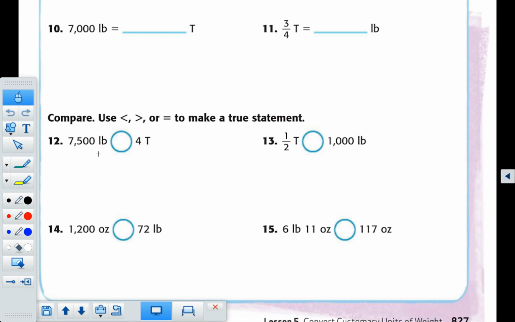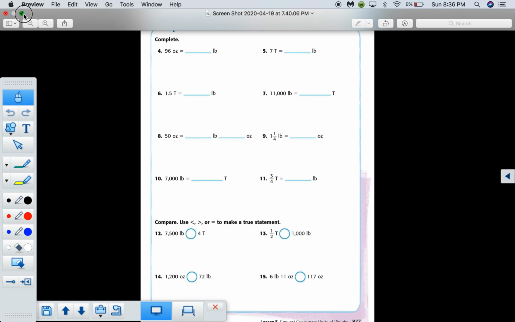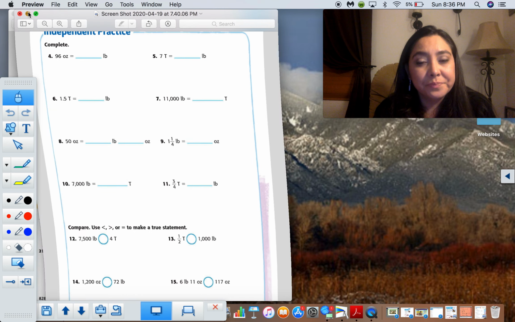Well, pounds is smaller than tons, so when we're going from a smaller unit to a larger unit, we're going to divide. Here you're going to have to divide 7,500 by 2,000. That will give you your tons, and then you're going to compare tons to tons. And then I think you get the idea, and you can figure out 13 and 14. This is a little difficult, and I know I'm not here to help you, but hopefully this video will help.